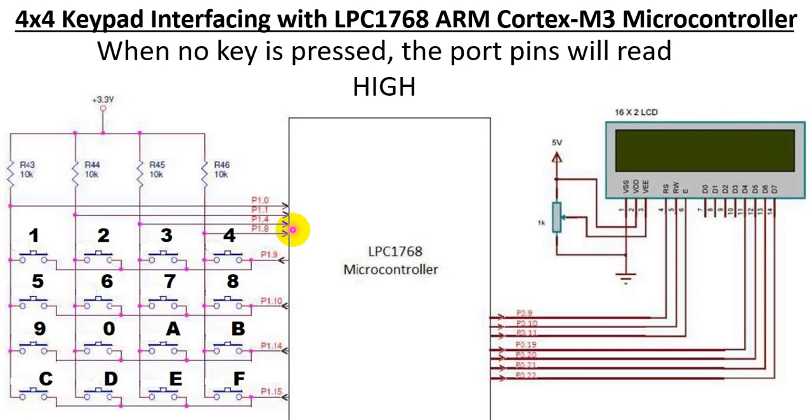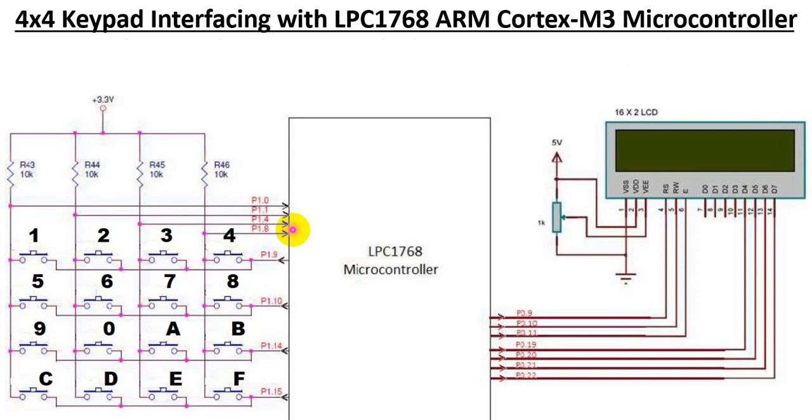I repeat, when no key is pressed, all the port pins will read high. When any of the key is pressed, that corresponding port pin will read a 0, which is an indication that a key has been pressed. You can underline this statement. Okay.